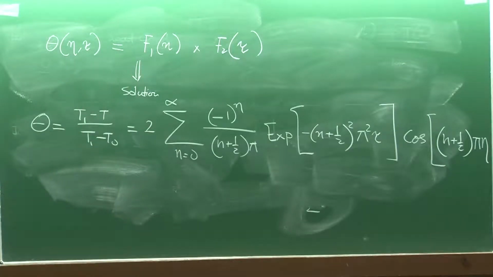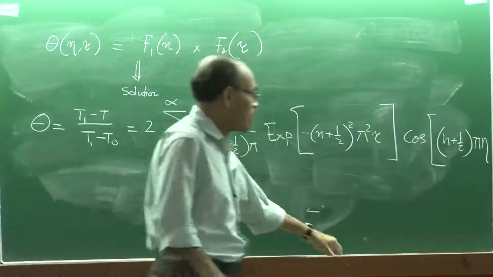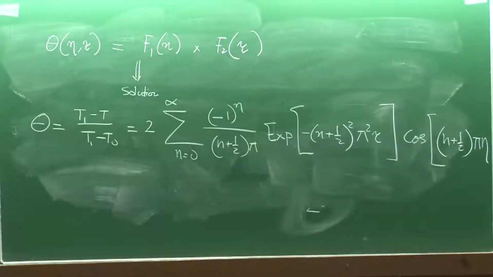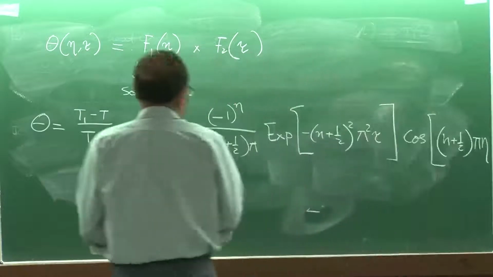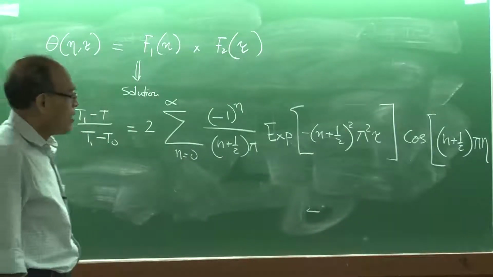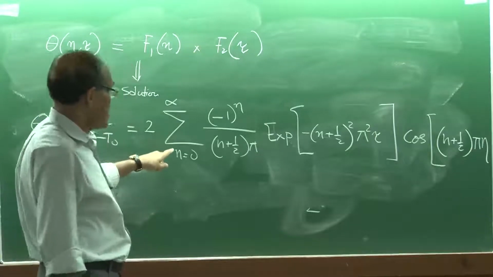Now, if we look at the solution of this equation, let us represent this in terms of... so let us look at what it is. Since T, T1, T0 are all unknown, you can find out here, for example, this is an infinite series.